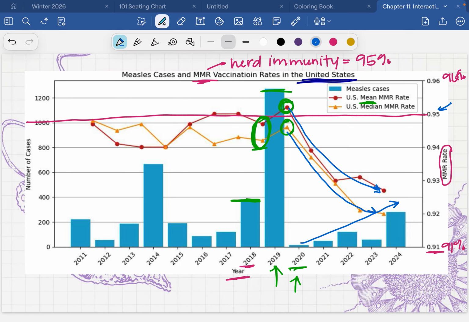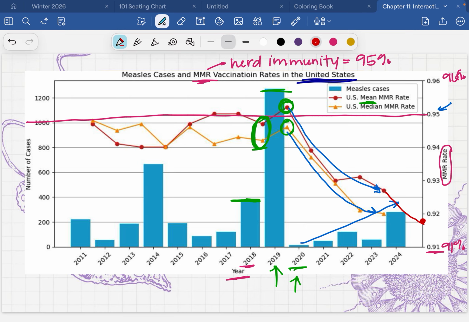Okay, and so just to give you some numbers again, I looked at these numbers this morning. I looked them up. So in 2025, the entire year of 2025, the average vaccination rate in the United States, which we'll put here, was a little less than 92%.